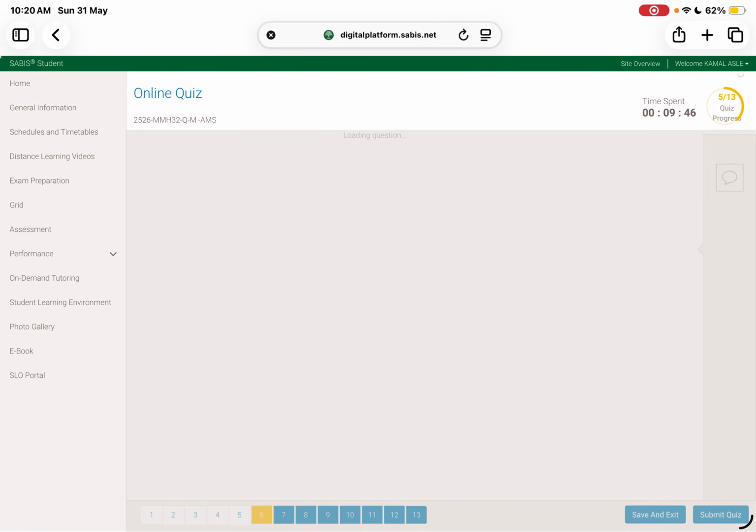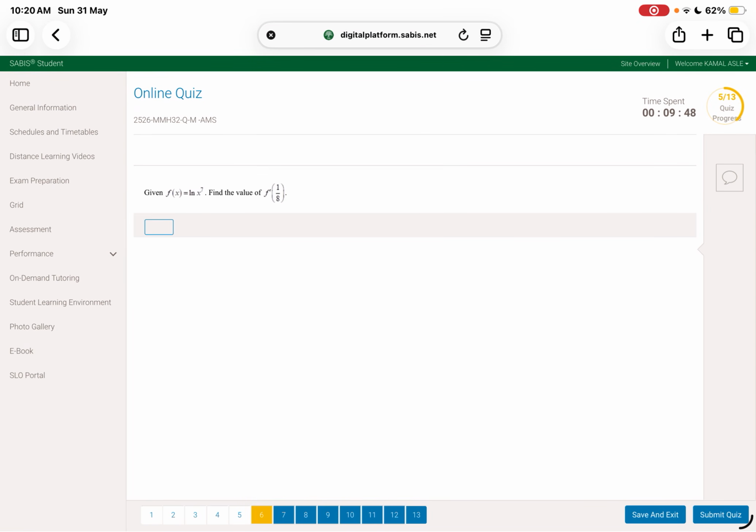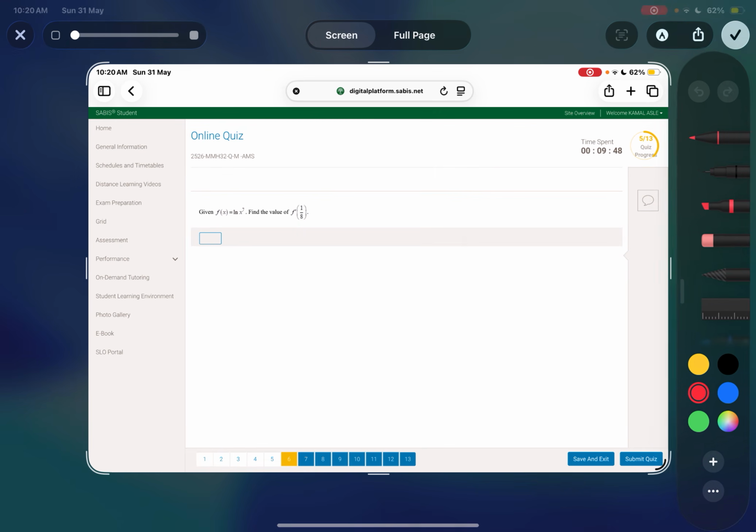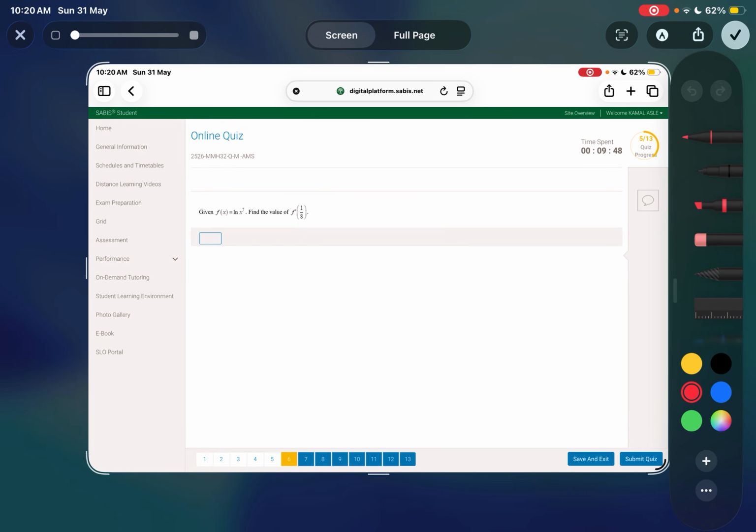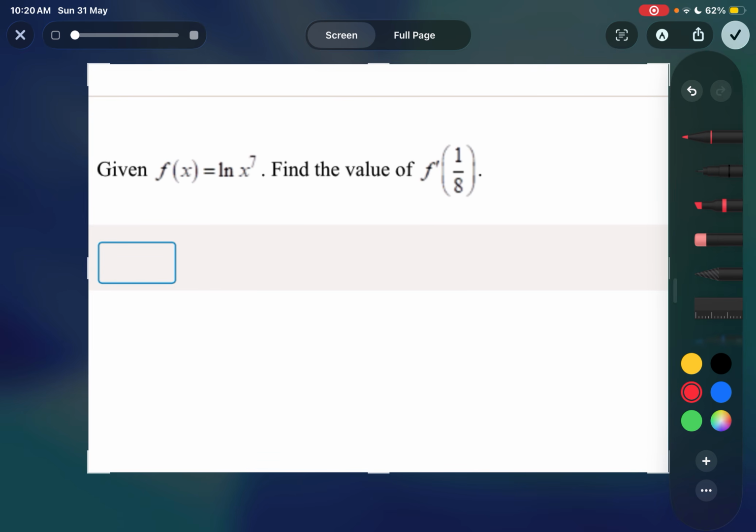Okay. Question number 6. Here now they want the derivative of ln x^7. They gave us the equation and we replace the x with 1 over 8.